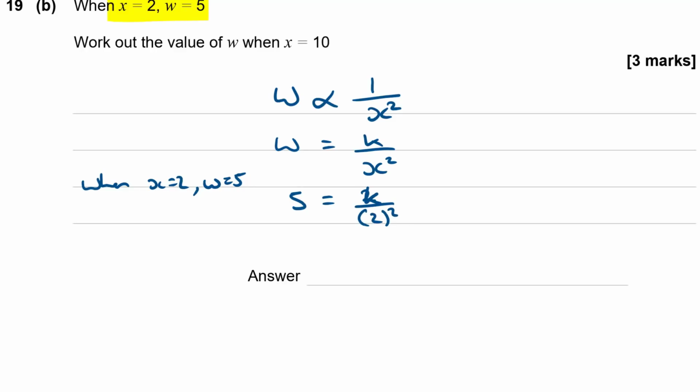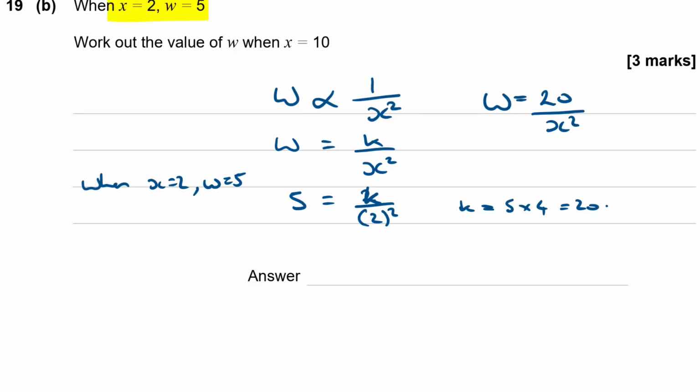Cross multiplying that, I get K equals 5 times 4, which is 20. So our final equation is W equals 20 over X squared.